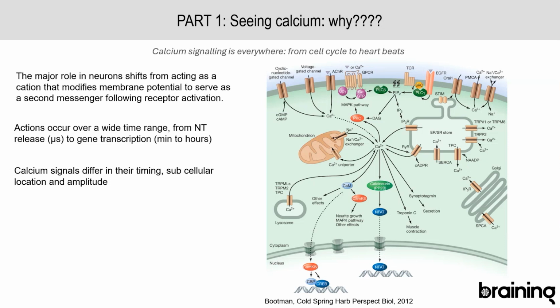Why seeing calcium? Okay, so calcium signaling is everywhere. And I think that this concept is clear for everyone, because we know that calcium signaling is important for the cell cycle, but is also very important for the heartbeat.